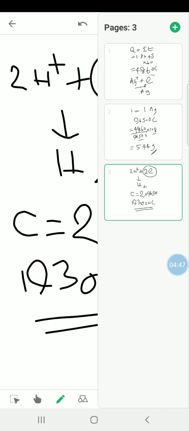What is the question? They are asking if 1.4 amperes of electricity is passed through for 15 minutes, right? So we have to find out the charge. Once again, Q equals IT.